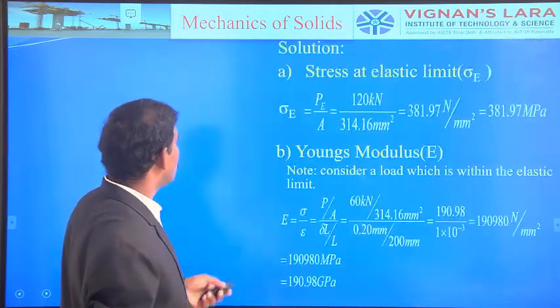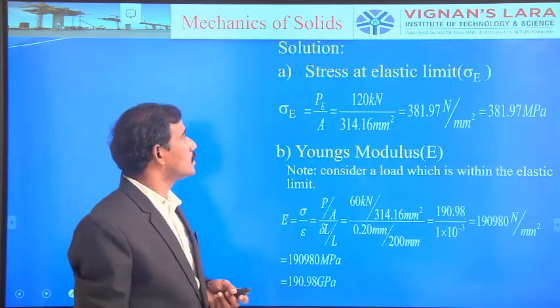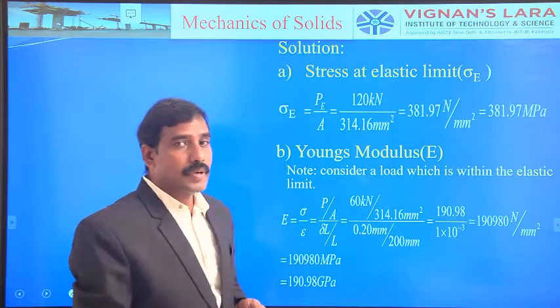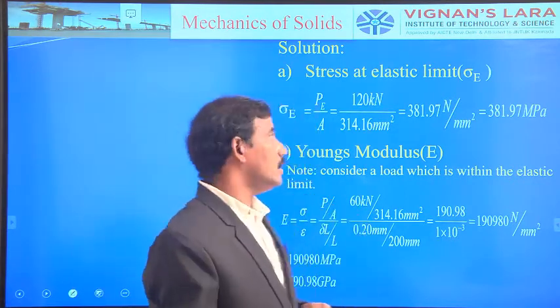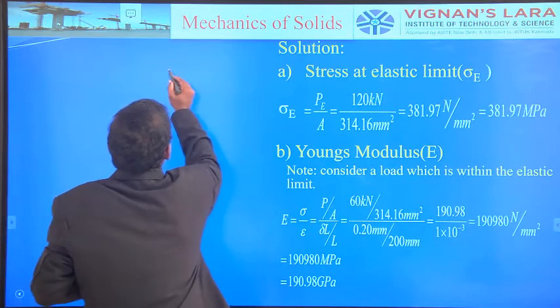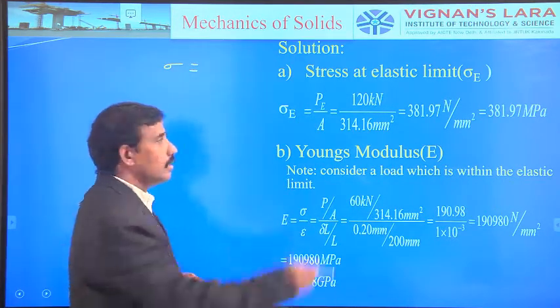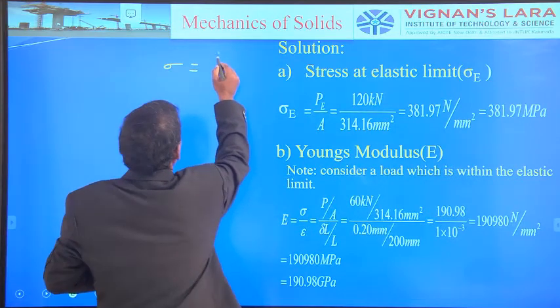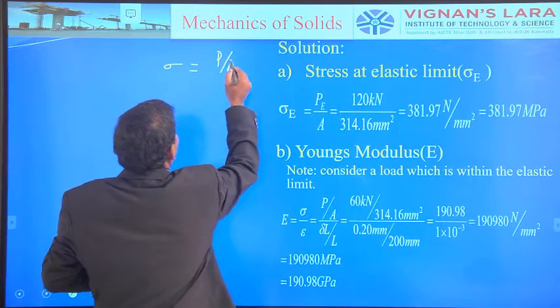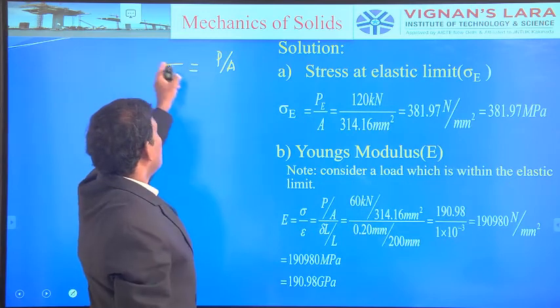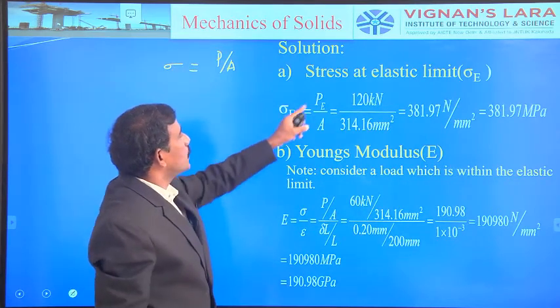Go for the next one. We have to calculate the stress and strain at particular points or salient features. We know what is meant by stress. Stress is represented by sigma, and stress is equal to load by area. That is very important. What is the load at the particular point?